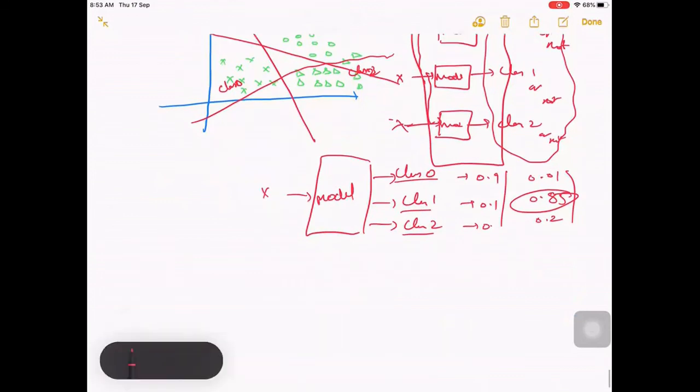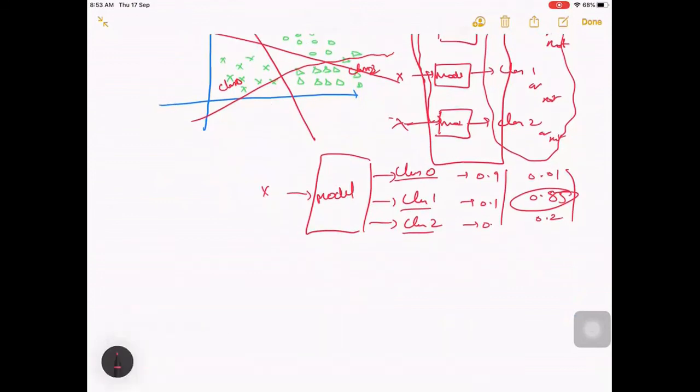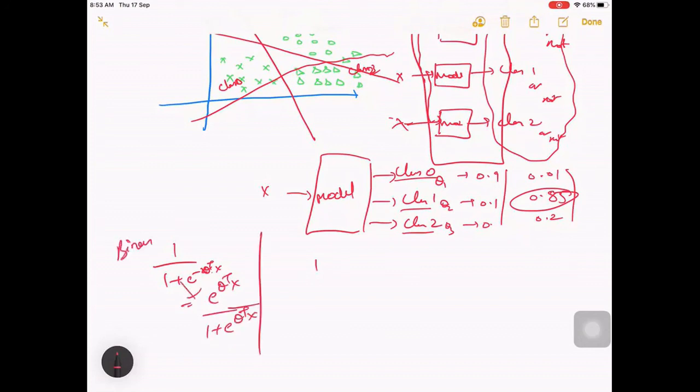I'll give an introduction. Previously for probability, we used 1 by e power minus (theta naught x), right? Similarly, here we'll have theta 1, theta 2 and theta 3. For a single class binary classification it is 1 by 1 plus e power minus theta x.